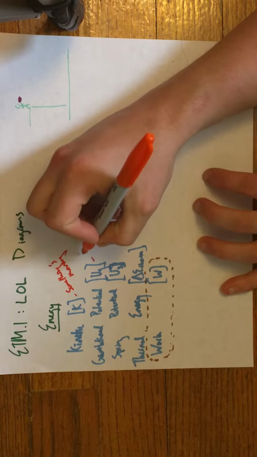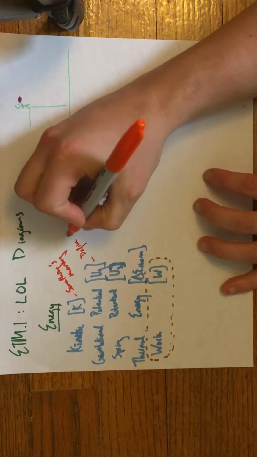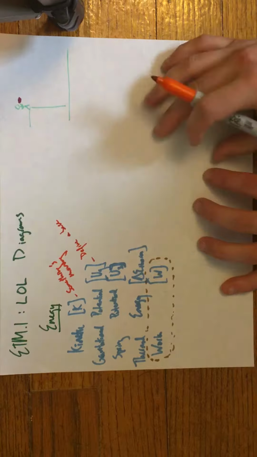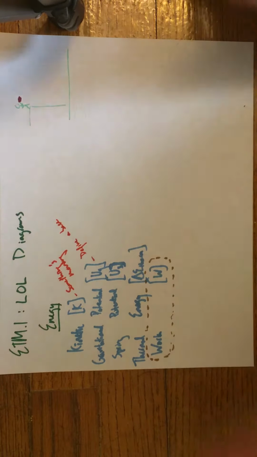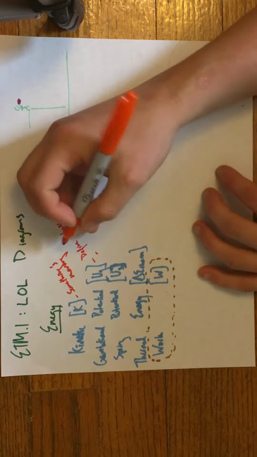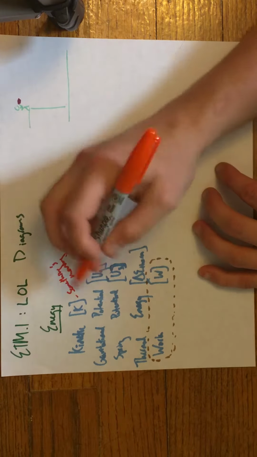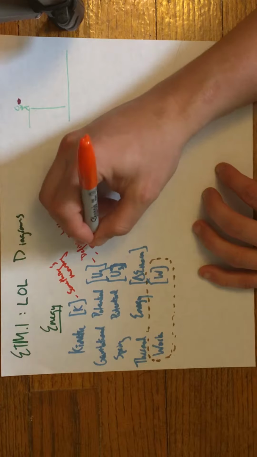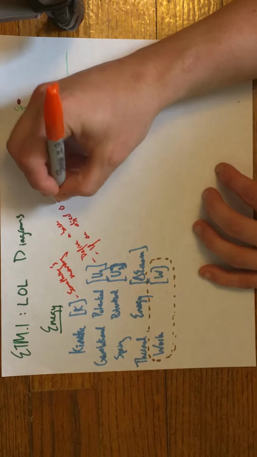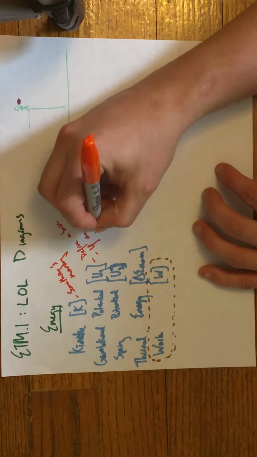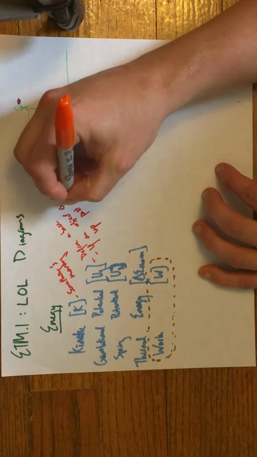One, define a base. This is going to be the lowest point in a particular situation or problem. And then secondly, this gravitational potential energy is present if an object is raised up past the base.